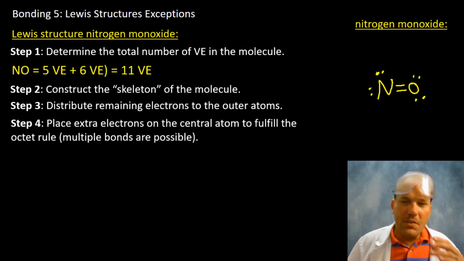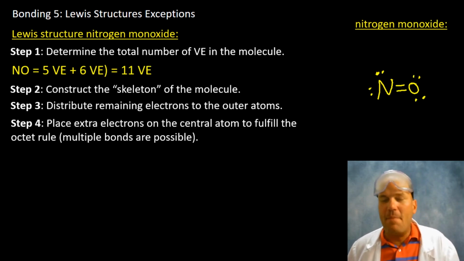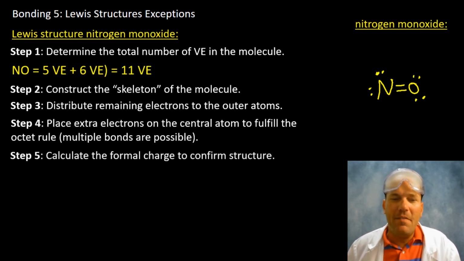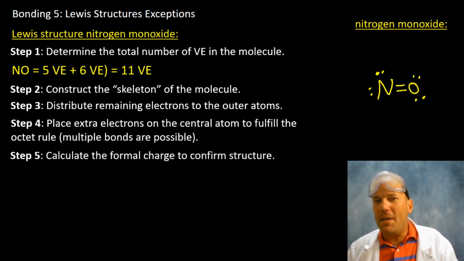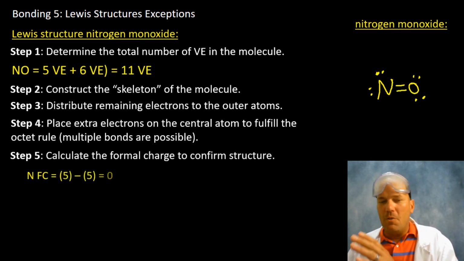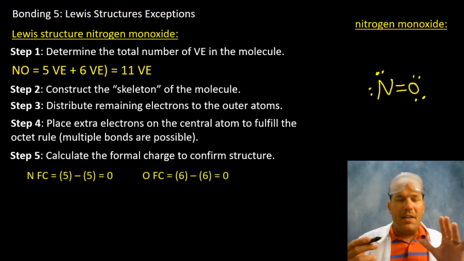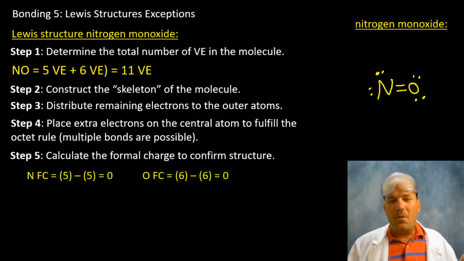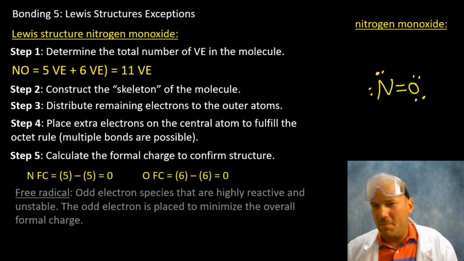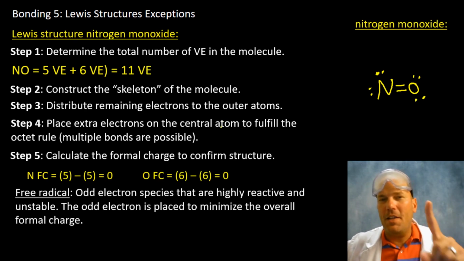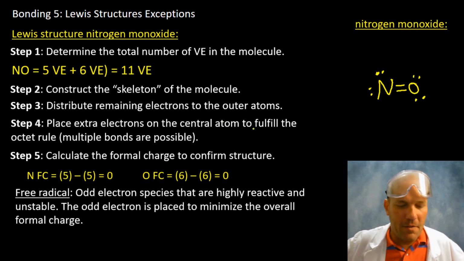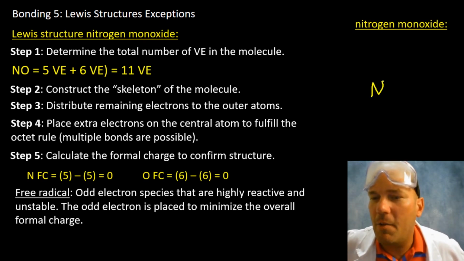So what you're going to find happens here is we have an instance where, based on the formal charge, we get again a 0 if we only have 1 electron, if we have a free radical. So at this time, let me go ahead and do this.